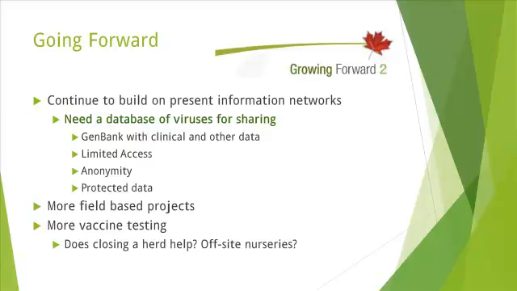And we're going to continue with our field-based projects because that data is more practical, and we can try all we want in the lab, and until we get it working well in the field, that's when we can really feel like we've been successful. And then we're also doing more vaccine testing, new types of technology.